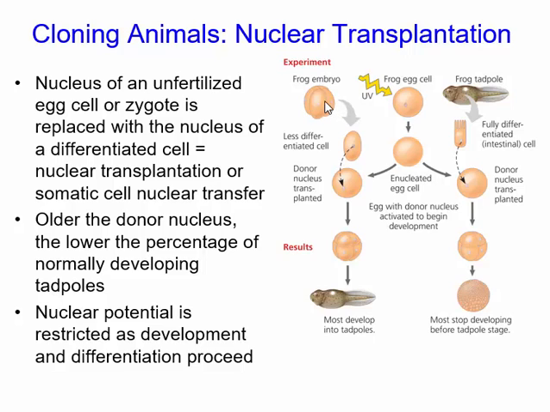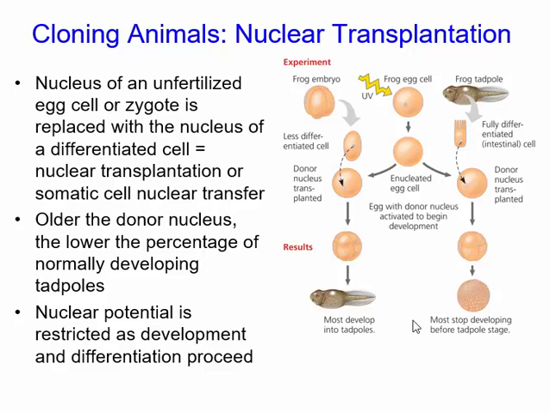So this is not a fully differentiated cell. When we do that, we get most developing into tadpoles. So this sort of early nucleus works okay for nuclear transplantation. But if we take a nucleus from a fully differentiated cell, like this intestinal cell, some development occurs, but it never makes it to the tadpole stage in this case.